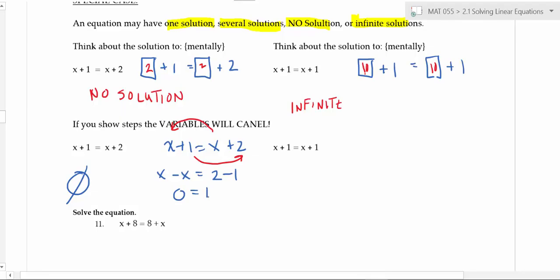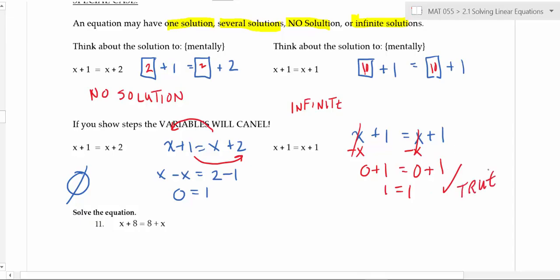Okay. This one you could work out the same way. You have x plus 1 equals x plus 1. So you might see that, well, I don't want variables on both sides, so I could subtract x from both sides. When I do that, I'd have 0 plus 1 equals 0 plus 1, so I'd get 1 equals 1. Okay, that's a true statement.